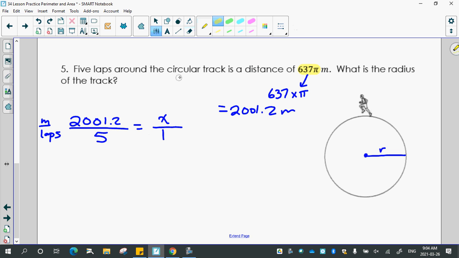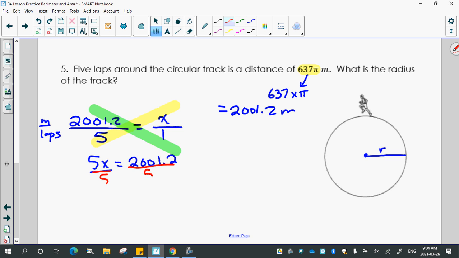But if you make it proportional, then you can do this. So 5x equals 2001.2 divided by 5. And you get 1 lap is approximately 400.2 meters.